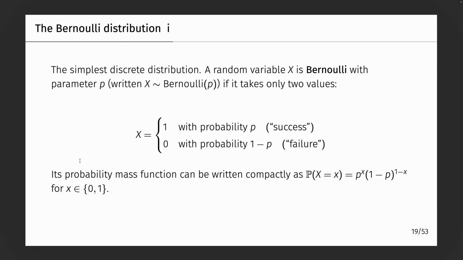If this is your random variable xi, what is the number of A's in this sequence? The number of A's in the sequence is simply the summation of xi.